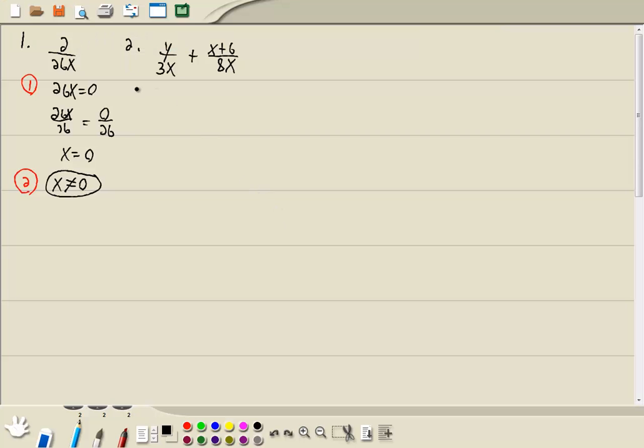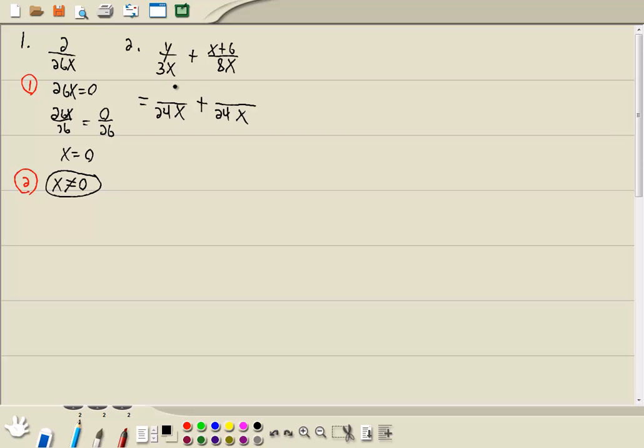Okay. First off, let's look at the numbers. 3 and 8. Our LCM of 3 and 8 would be 24. So we'll have 24 here, and we'll have 24 here. Now for the x's, we're looking for the greatest number of x's in a single denominator. There's 1 here, there's 1 here, so the greatest number of x's in a single denominator is 1.